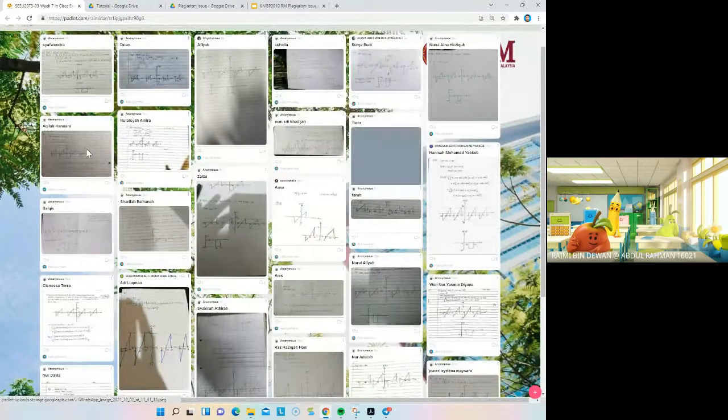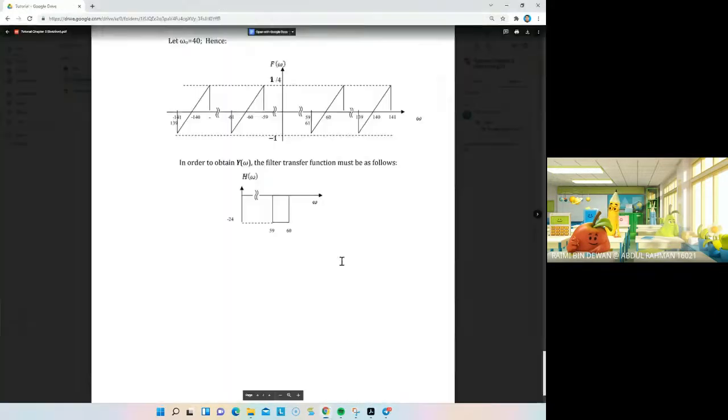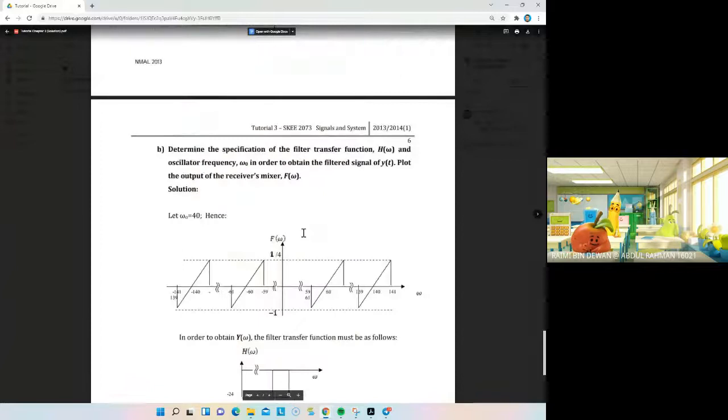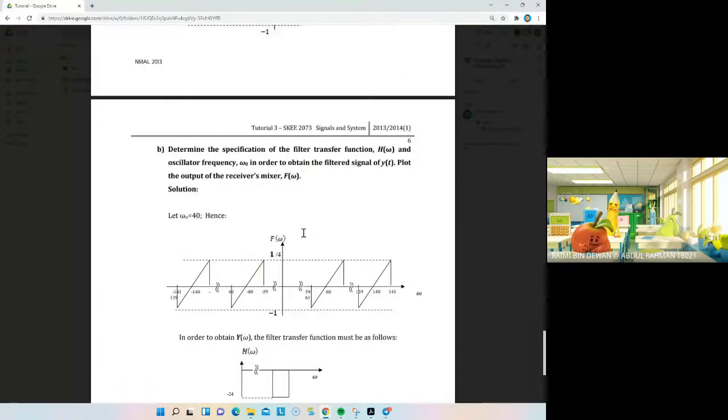Who else? Hanani. Okay, omega 40. Okay, and you don't plot your transfer function, but it doesn't require in the question. Is it required? Where is the question? Oh, it's required.